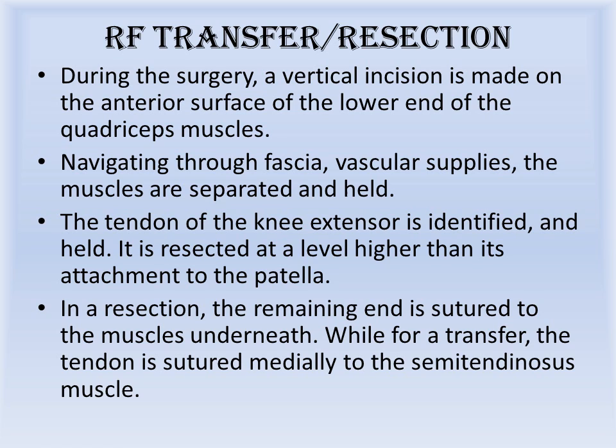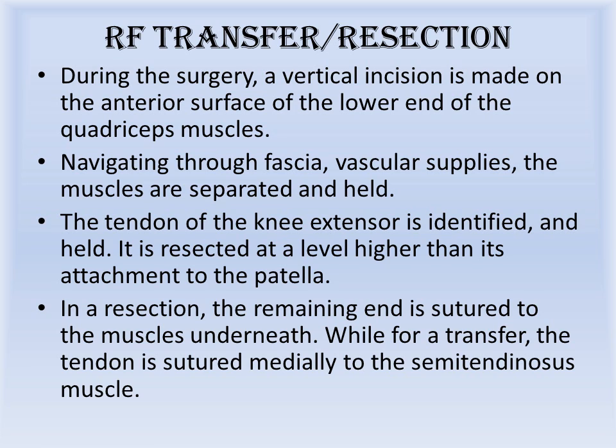For the rectus femoris transfer or resection, a vertical incision is usually given on the anterior surface of the quadriceps muscles. Then, navigating through the fascia and vascular supplies, the muscles are separated and the tendon of the knee extensor is identified, while the rectus femoris tendon is lifted up and resected at a level higher than the attachment to the patella.